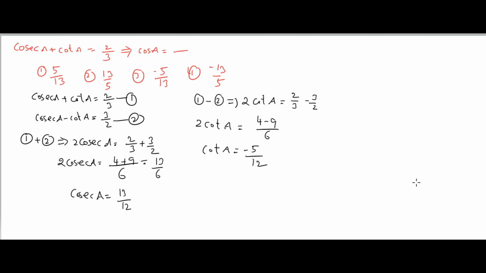Here cosec A is positive and cot A is negative. That is, capital A lies in Q2, the second quadrant. In the second quadrant, cosec A is positive, cot A is negative. So capital A lies in Q2.